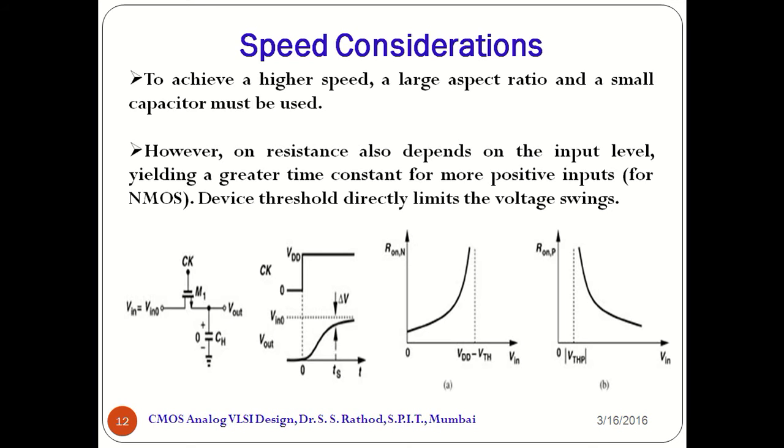So what is speed? Speed is nothing but the time required for the output voltage to grow from 0 to the maximum input level after the switch turns on. Since the output voltage would take infinite time to become equal to the input, we may consider that the output settles within a particular error band, that is delta V, which is shown in this figure.